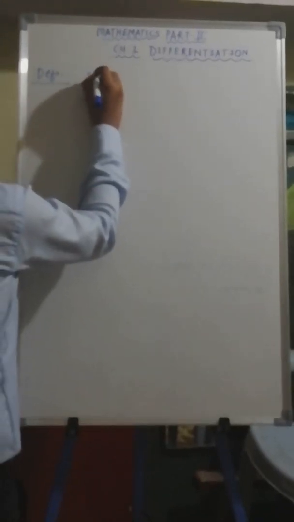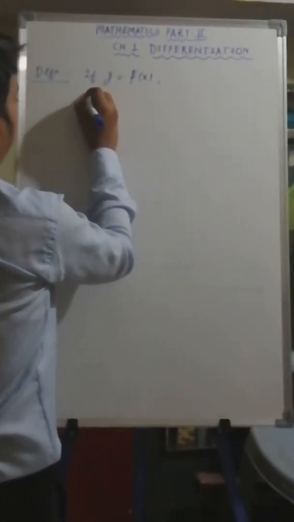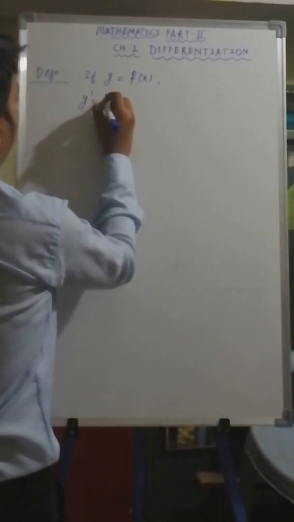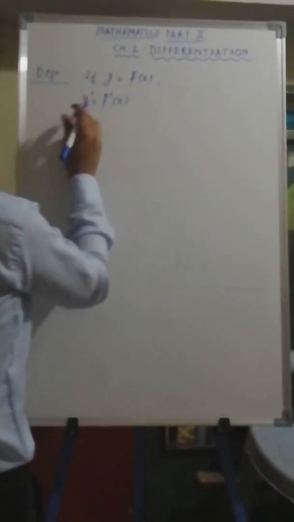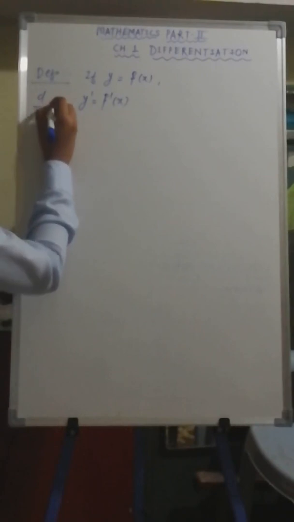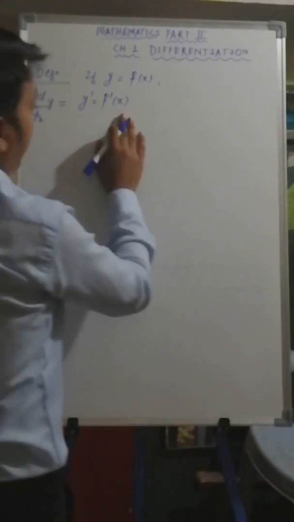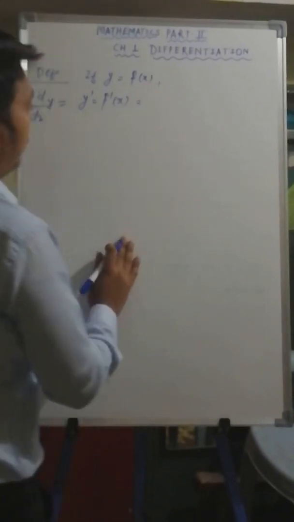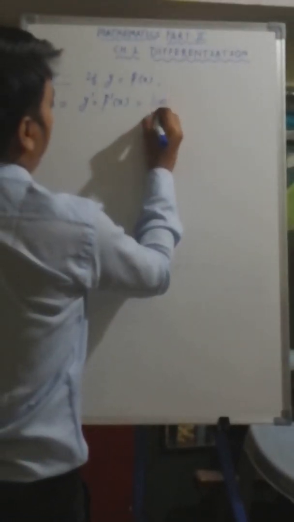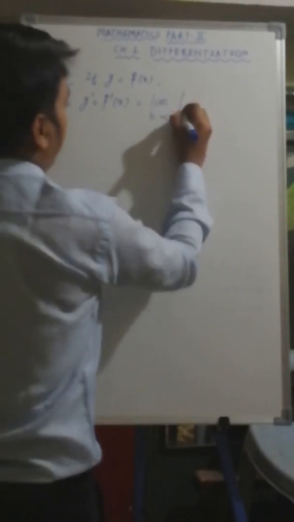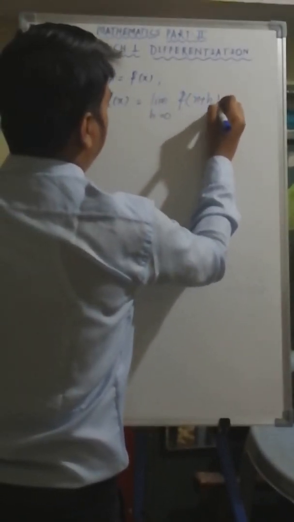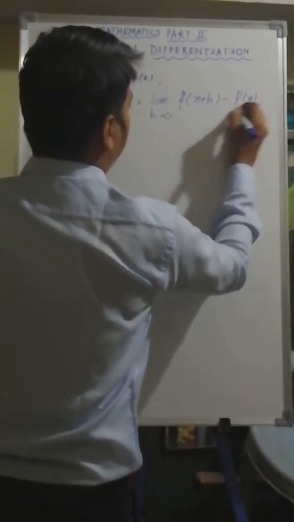If we take a function y equal to f(x), then we take its derivative, that is y dash equal to f dash of x, or we write dy/dx of y, that is y dash, f dash of x, is equal to limit h tends to 0 of f(x plus h) minus f(x) upon h.